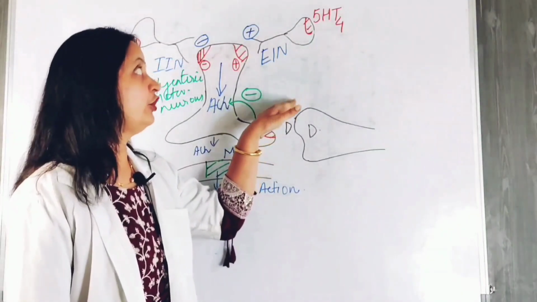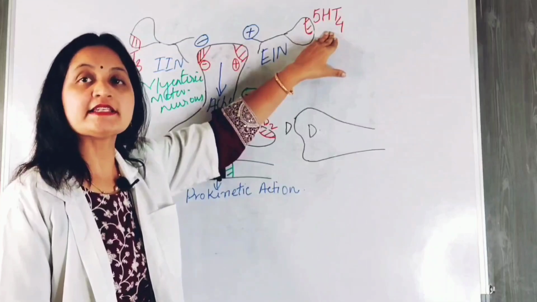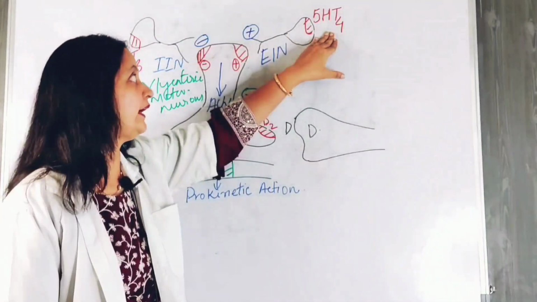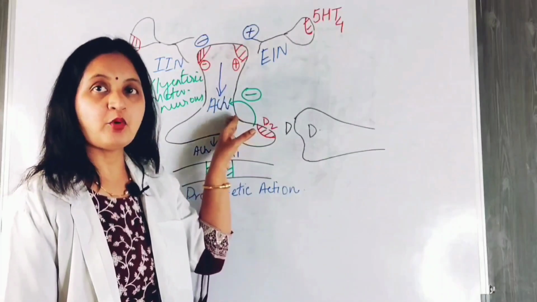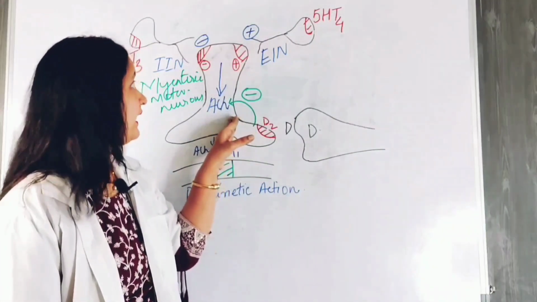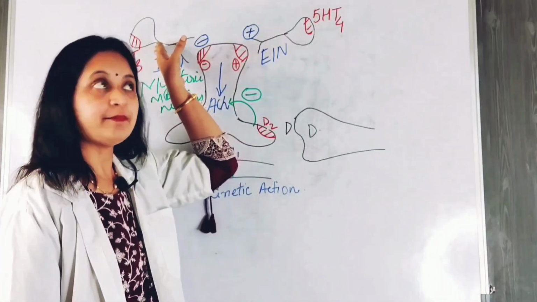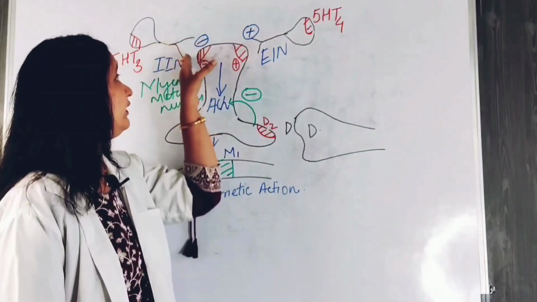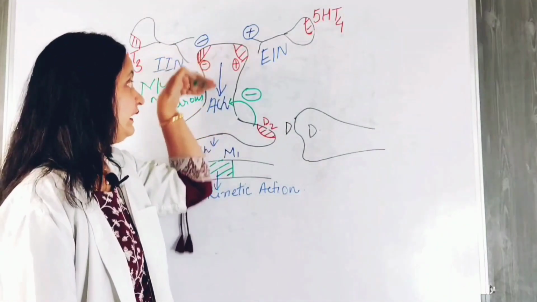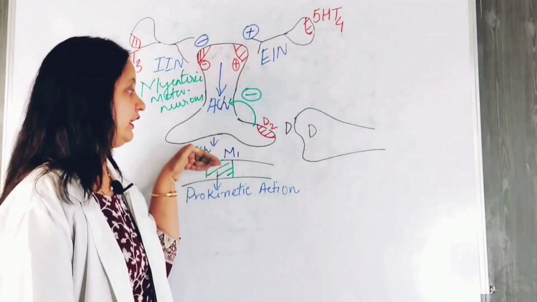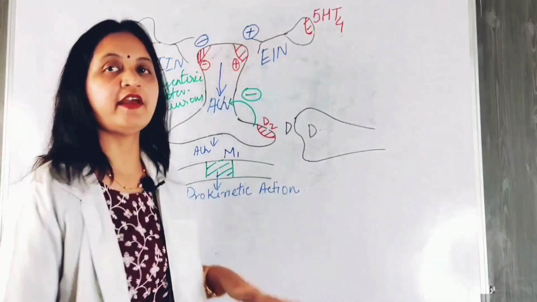Therefore, drugs that stimulate the 5-HT4 receptors, such as cisapride and metoclopramide, stimulate the release of acetylcholine and increase the prokinetic effect. Whereas the drugs that antagonize the 5-HT3 receptors depress the inhibitory neurotransmission in the interneurons, and this facilitates the release of acetylcholine into the synaptic cleft and increases the prokinetic effects.